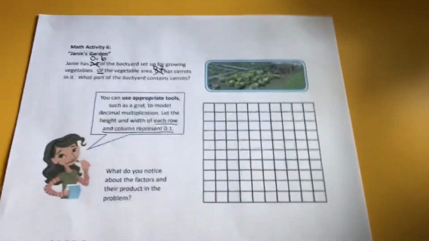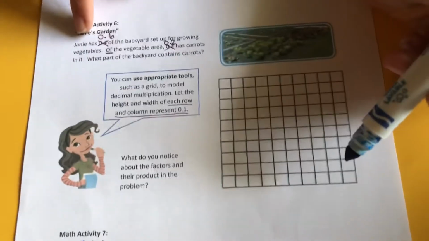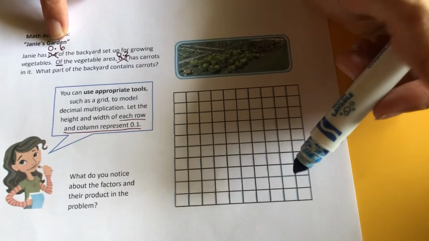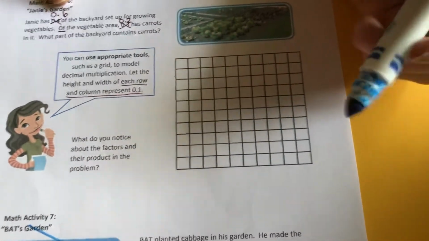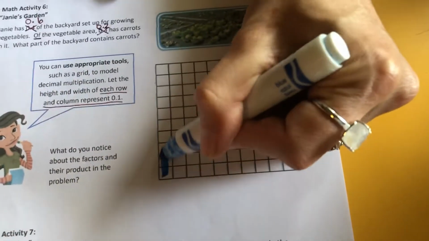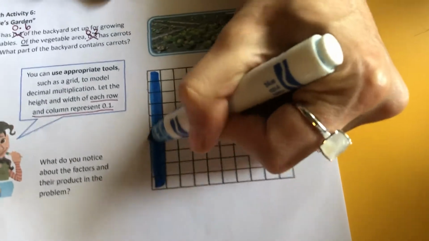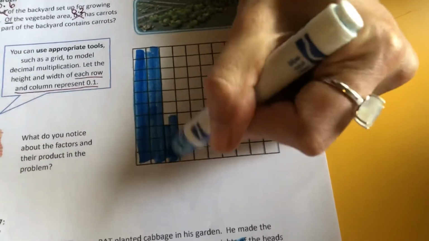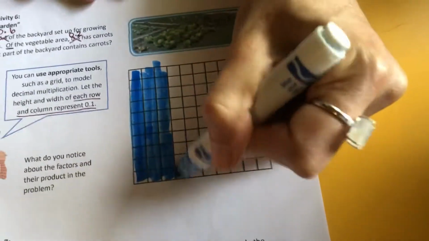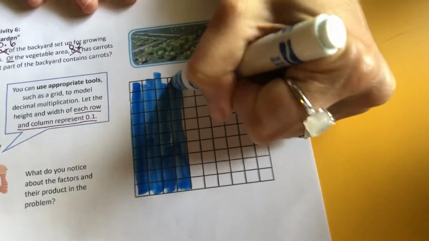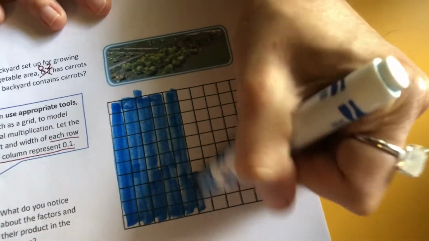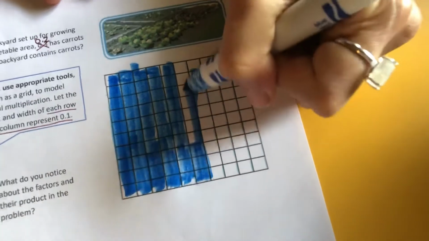So first, I'm going to do the amount that Janie has that's vegetables, and that's 6/10 according to my made up example. So I'm going to color 6 of these rows. 1, 2, 3, and of course they don't have to be perfect, you guys. 4, 5, whoops.